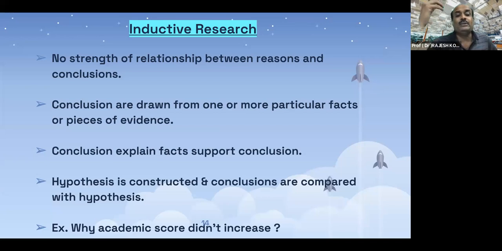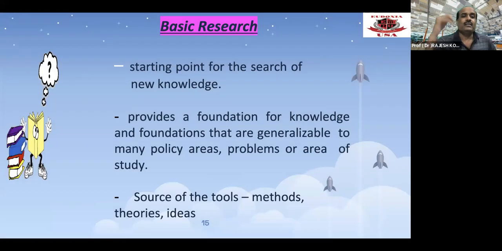Say that in 5 academic score didn't increase in some of the students. For this, we can go for inductive research because there are so many constraints or variables involved in this one. So it goes on adding, then it gives rise to some new information.